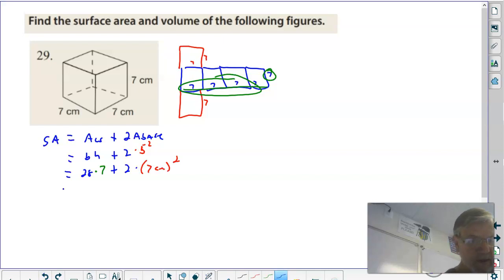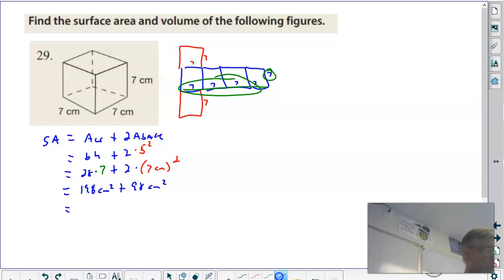All right, so let me grab my calculator. 7 times 28 is 196 centimeters squared. 2 times 49 is 98 centimeters squared.